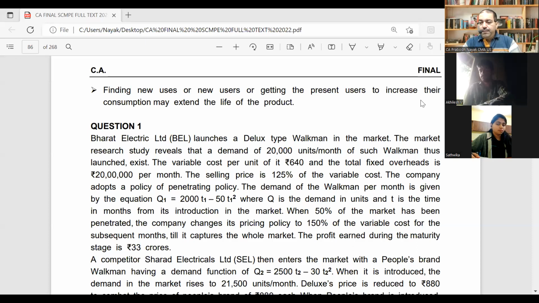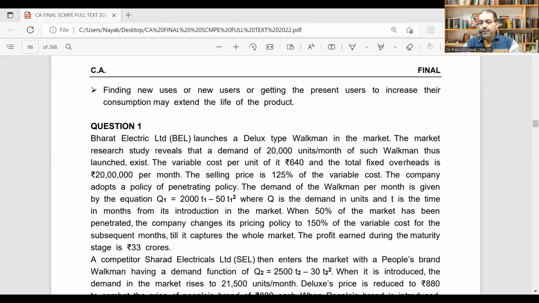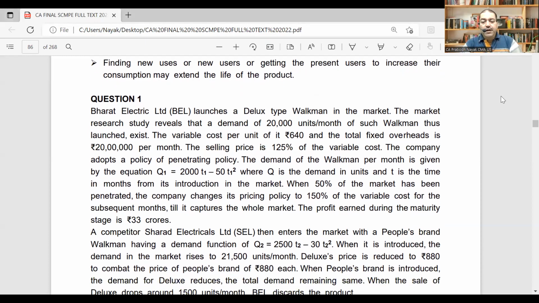We have question number 1. Bharat Electrical Limited launches a deluxe type Walkman in the market.